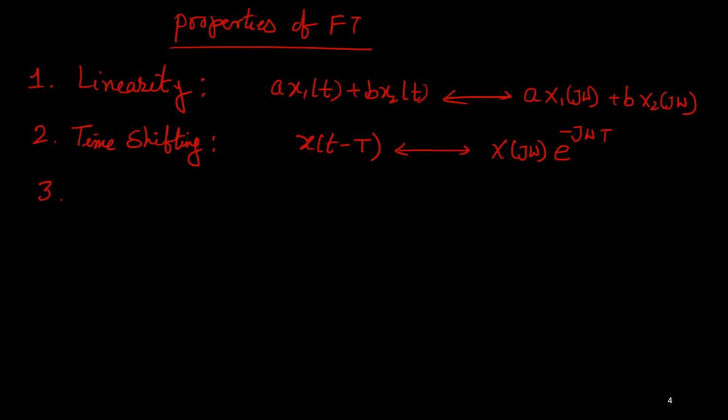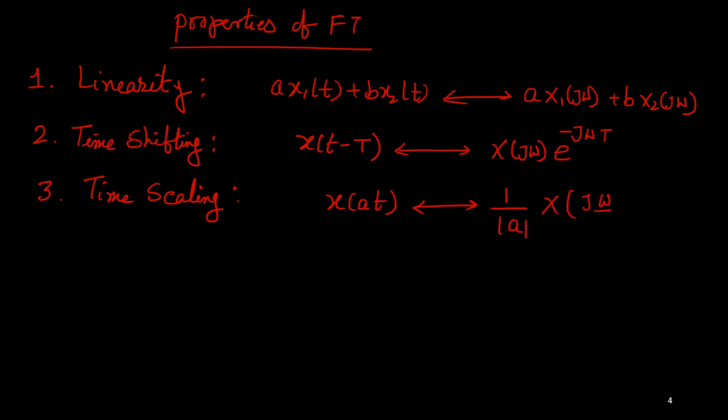And the third one we have considered is time scaling. So x of a t, scaled by any parameter a, gives 1 upon mod a times capital X of j omega upon a.